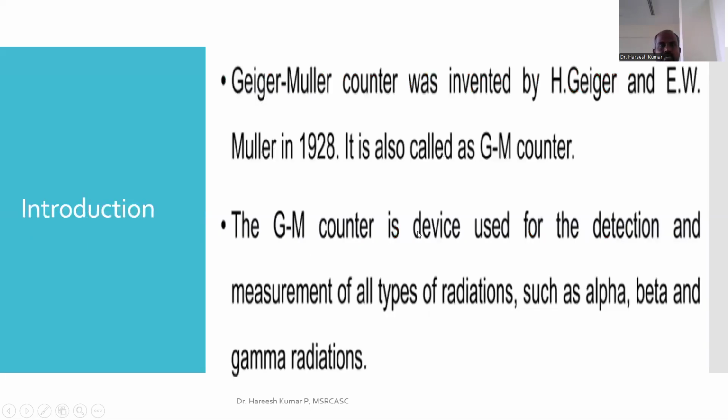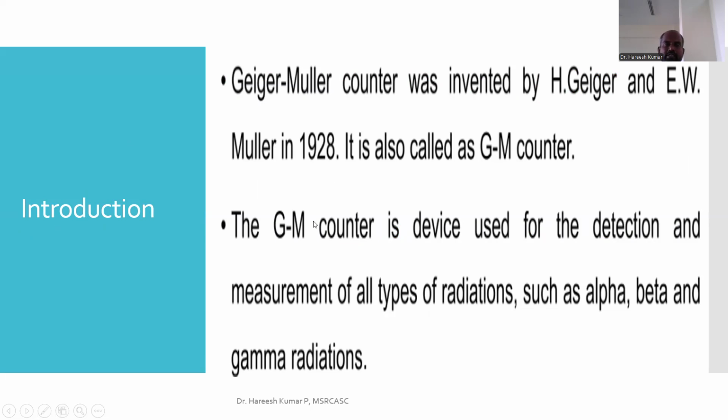Then we'll go to the next one, called detection using the GM counter. G means Geiger, M means Muller. Geiger and Muller are the two scientists.